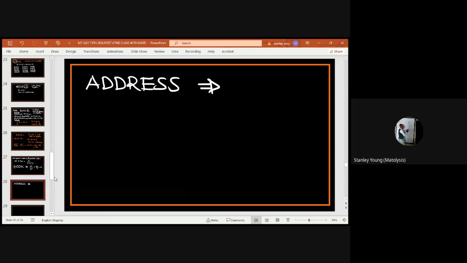Okay. So the letters in the word address. If you count everything together here, what's the total number of letters you have there? 1, 2, 3, 4, 5, 6, 7. That's 7, right? So you do 7 factorial over the repeated letters here. How many D's? 2. How many S?